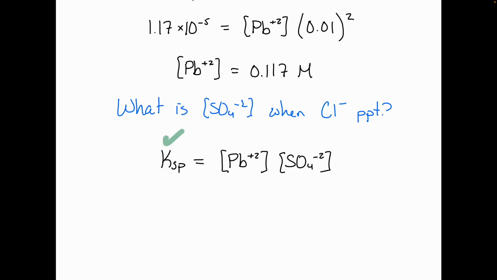Yes, from my table. Do I know my concentration of lead when chloride starts to precipitate? Yeah. So now all I'm missing is this one here. I know this because it was the answer to the previous question of what was the concentration of lead when chloride starts to precipitate. So again, just plugging into this Ksp expression, rearranging it and solving.